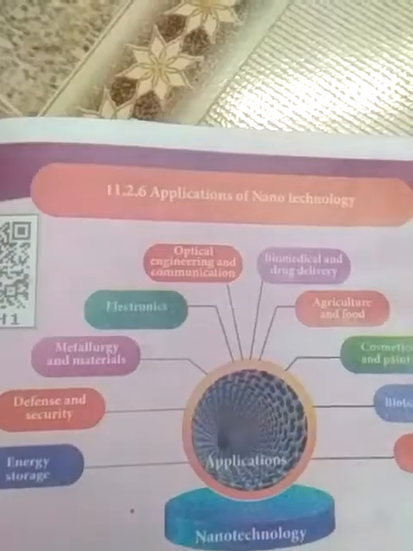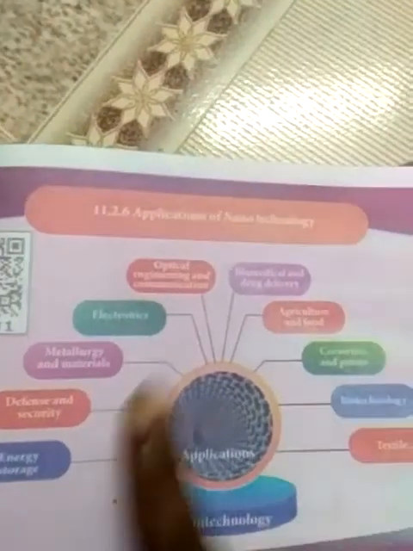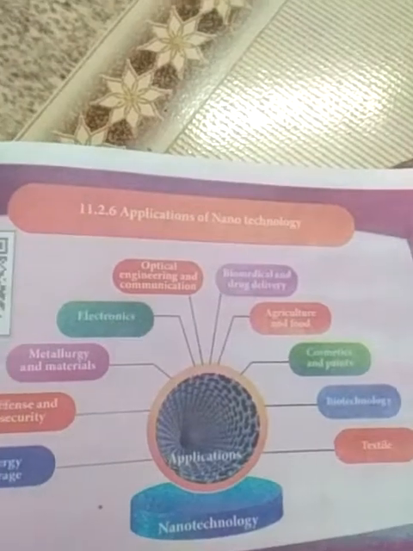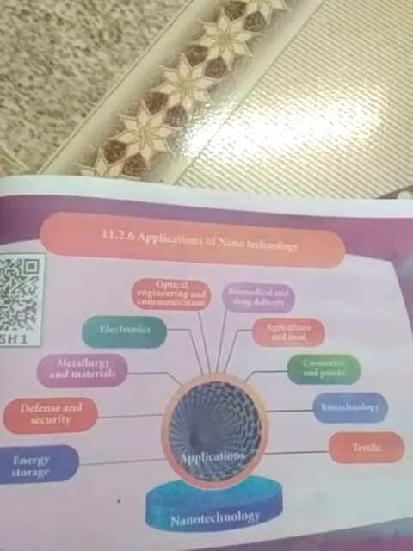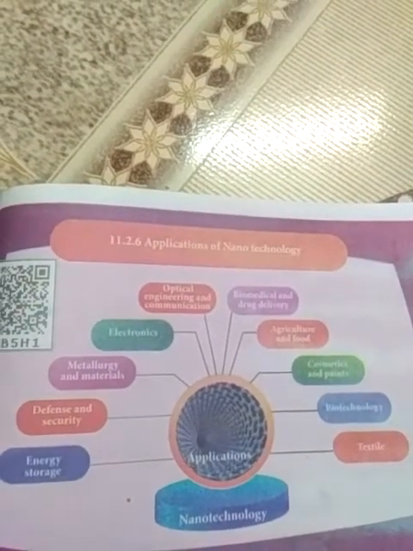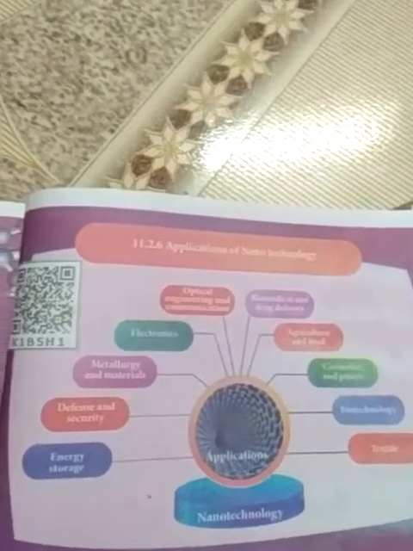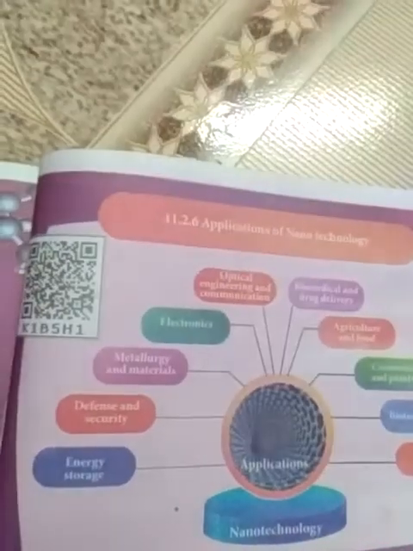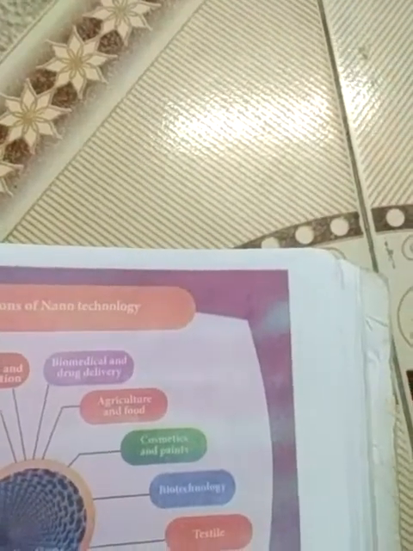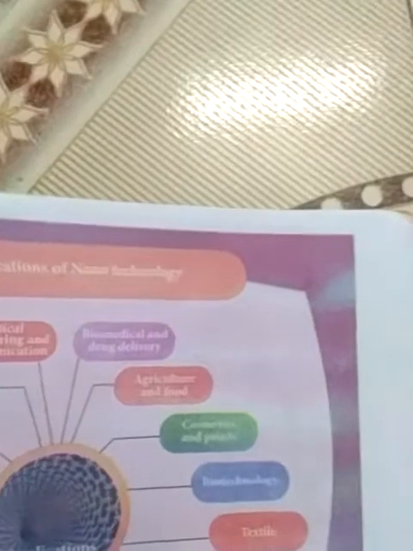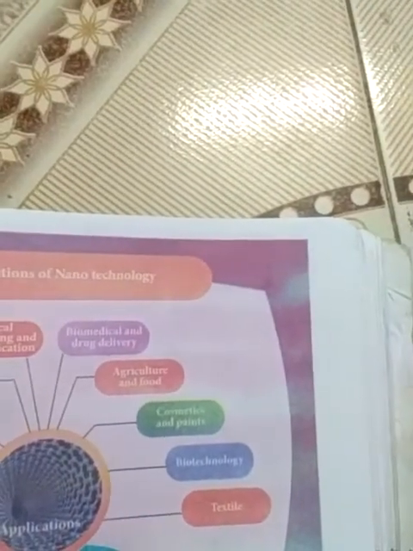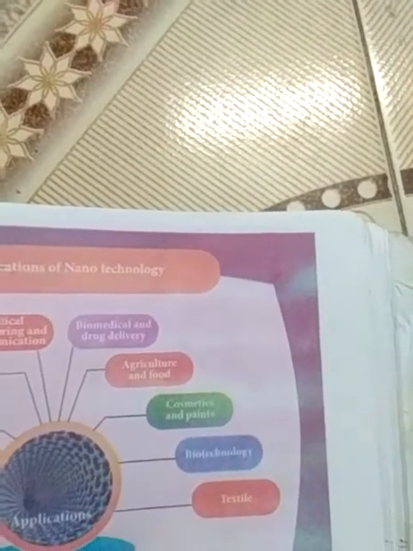Okay, so next you see the applications of nanotechnology. So what technologies are we using in nano? Optical engineering and communication, electricals, metallurgy and materials, defense and security, energy storage, biomedical and drug delivery, agriculture and food, cosmetics and paints, biotechnology and textiles.